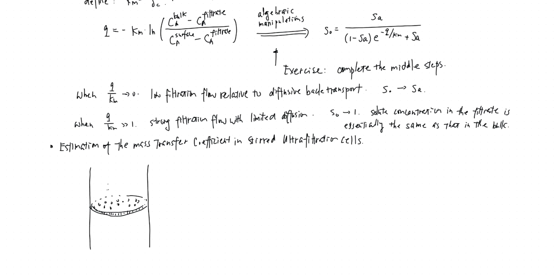So there are solutes. We want to transport them across the membrane. And then you may stir it, which is called a stirred ultrafiltration cell. You stir the fluid, and the stir will give rise to some angular stirring speed, omega.